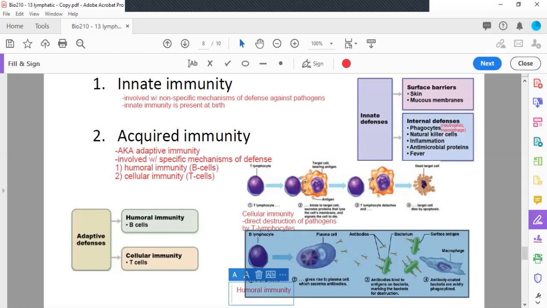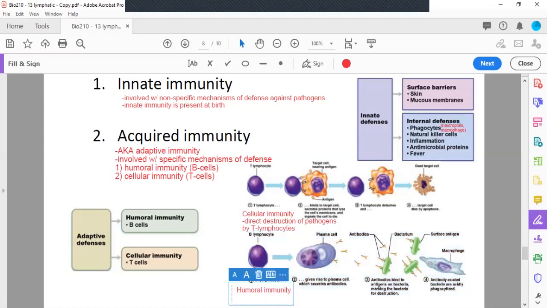So the macrophage attacks any pathogen that has antibody binding to it. In this picture, these represent antibodies, and you can see the pathogens or bacteria are bound to these antibodies, and the macrophage will recognize that and proceed to what's known as phagocytosis.